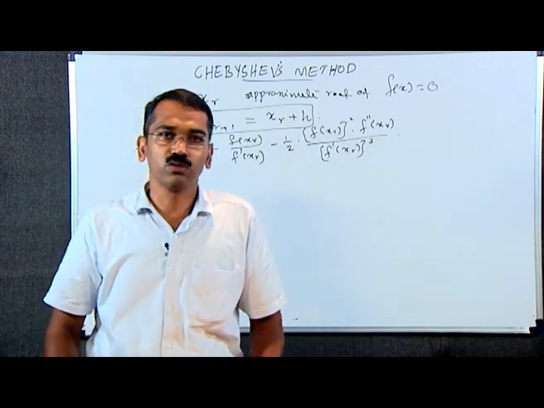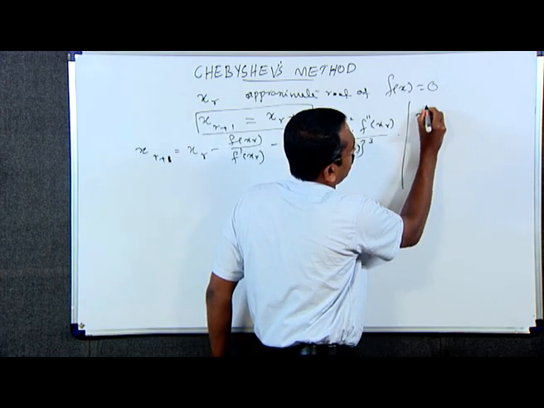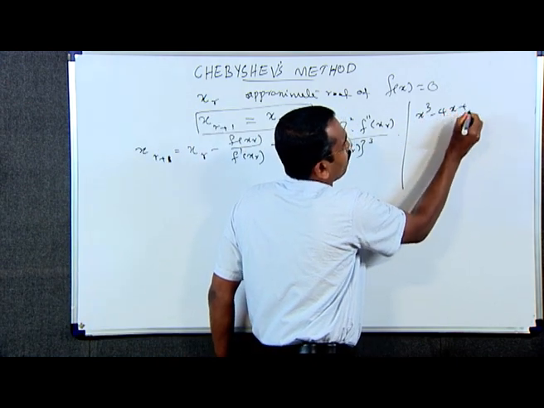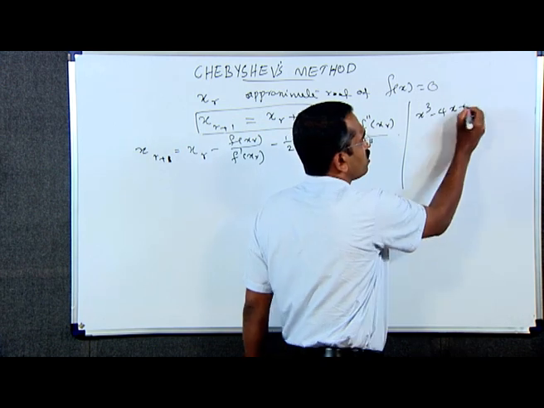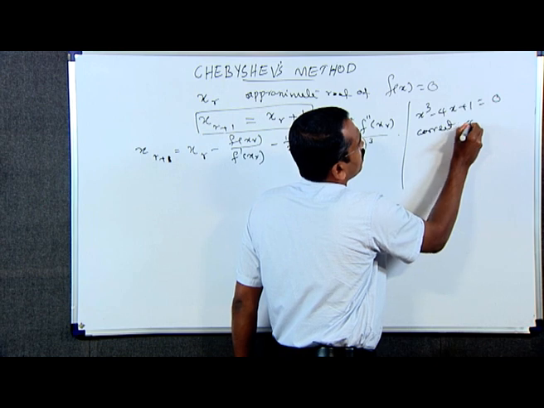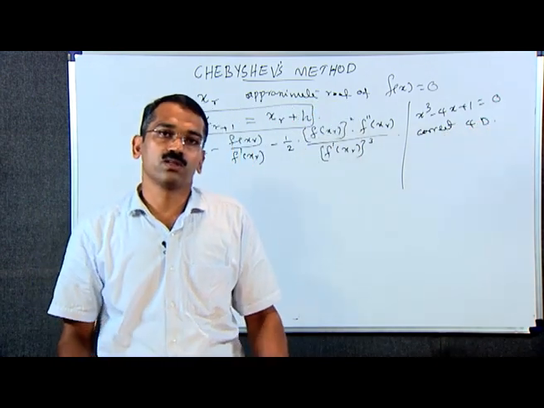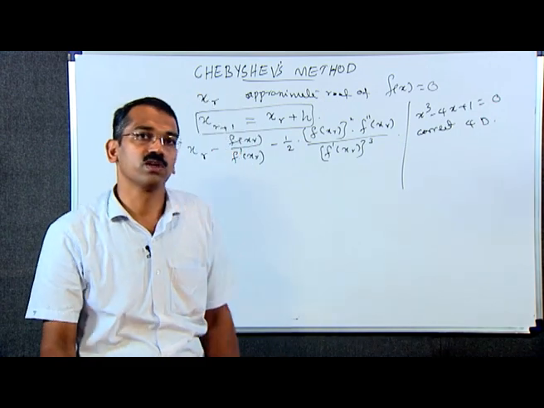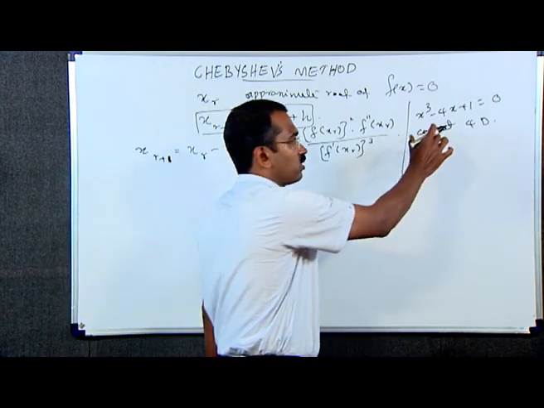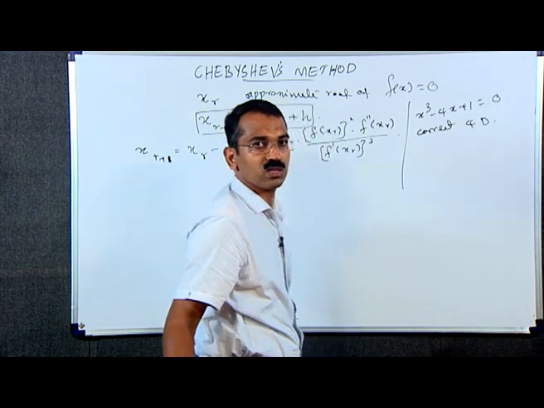Find the positive root of the equation x cube minus 4x plus 1 is equal to 0 correct to 4 decimal places. Using this Chebyshev's method, we want to find the positive root of this equation x cube minus 4x plus 1 is equal to 0.